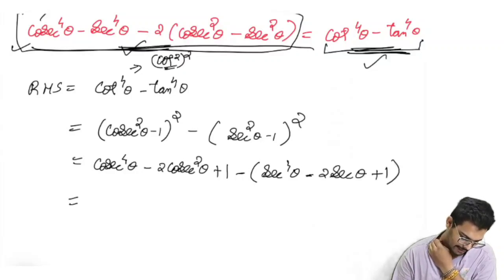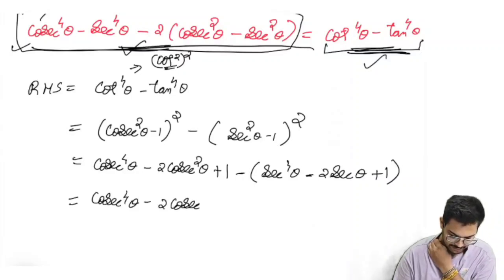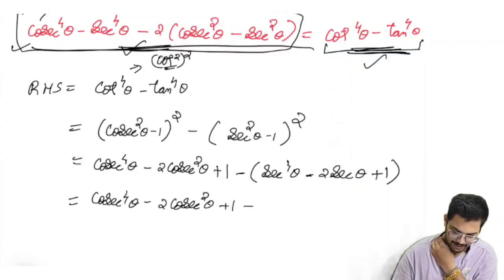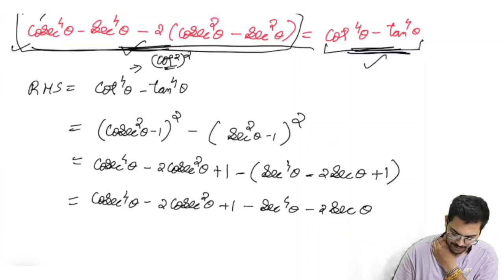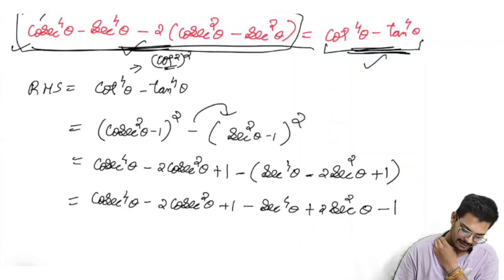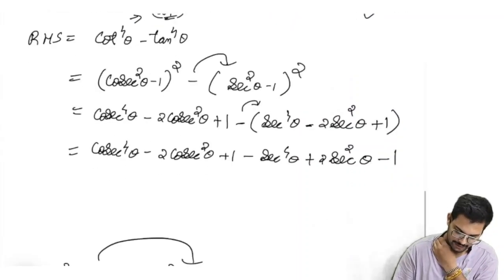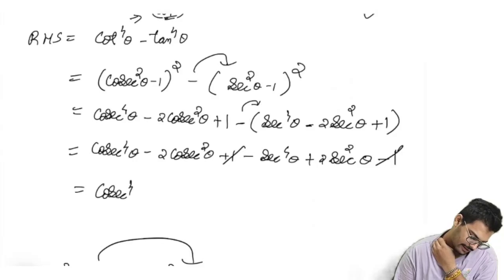Now I open the bracket, it will be cosec raised to 4 theta minus 2 times cosec square theta plus 1 minus sec raised to 4 theta plus 2 times sec square theta minus 1. So just apply the negative sign into the values. Now this will be cancelling. So finally, cosec raised to 4 theta minus sec raised to 4 theta.